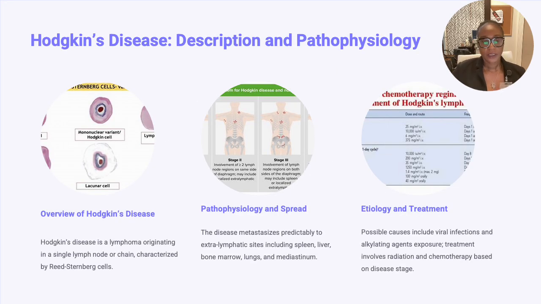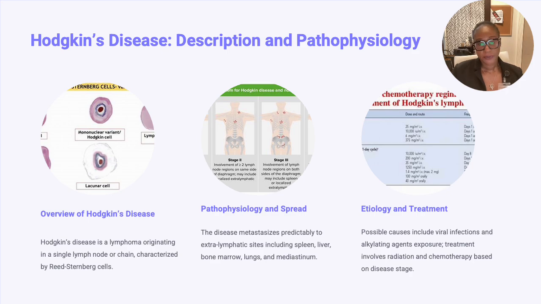So now we're going to look at Hodgkin's disease, description and pathophysiology. Hodgkin's disease is a type of lymphoma. It is a malignancy of the lymph node that originates in a single lymph node or a single chain of nodes.